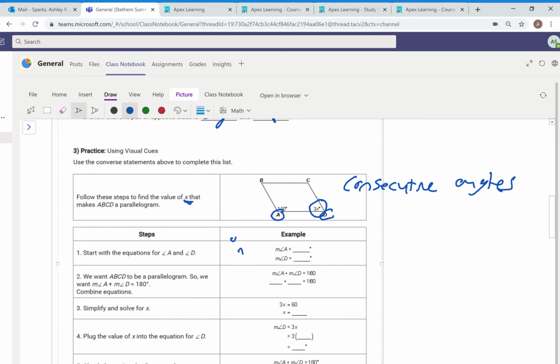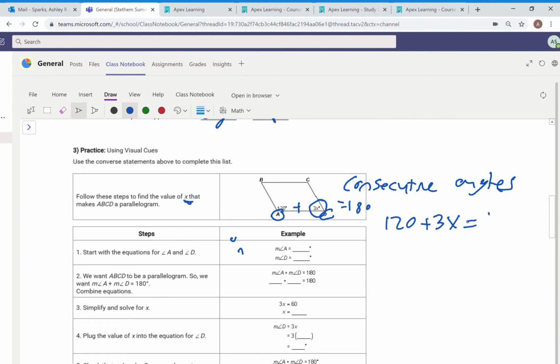So my rule about consecutive angles is these two should add up to 180. So if I want x to be something that makes this a parallelogram, I need 120 plus 3x equal to 180.